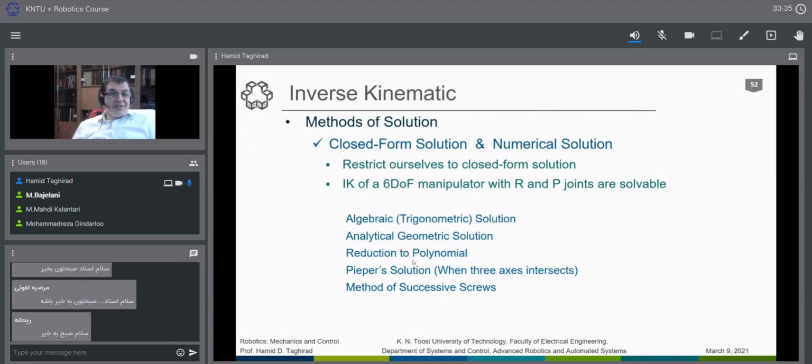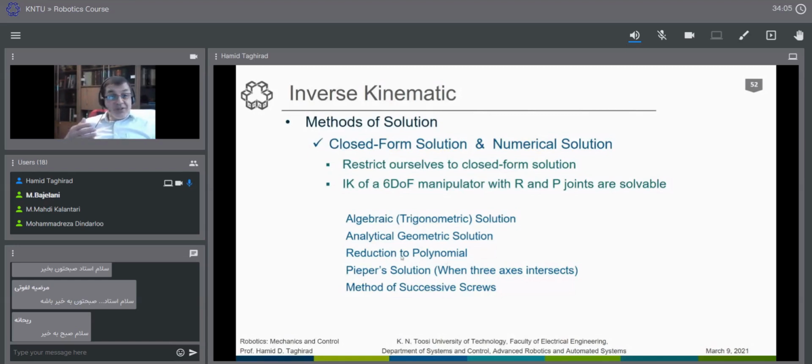It is very interesting that we can change the trigonometric problem to polynomials, and the solution of polynomials has been worked out a lot in mathematics, and we have so many methods, especially the continuation method. These methods are given in the appendix of robotic books as well, especially in the SCI book. You can look into that.